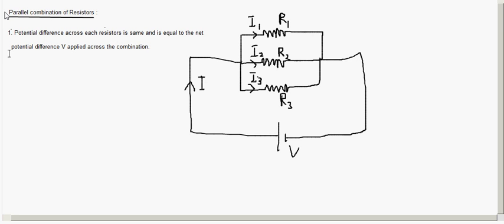The total current through the circuit, the net current I, is equal to I1 plus I2 plus I3.